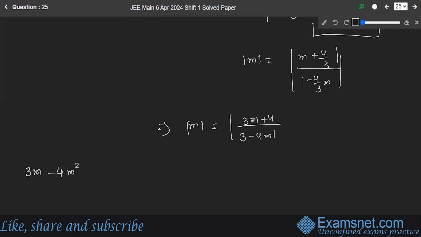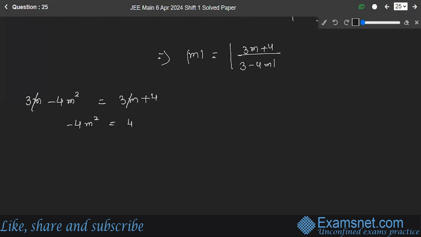So this is equal to 3m plus 4. Or you have minus 4m square is equal to 4, or m square is equal to minus 1, which is not possible at all. Squares can't be negative. So this was the first thing.